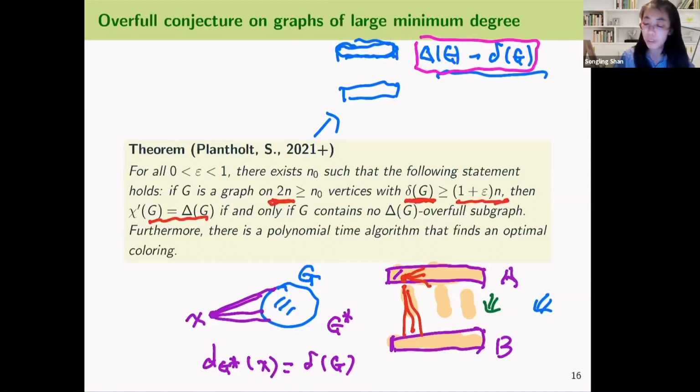Also, let me call V of delta the set of the minimum degree vertices. If that is small, we can reduce that to a simpler case. If this is big, then we cannot really use these two things as a middle procedure to help deal with the non-regular case to get a concrete coloring in this process.